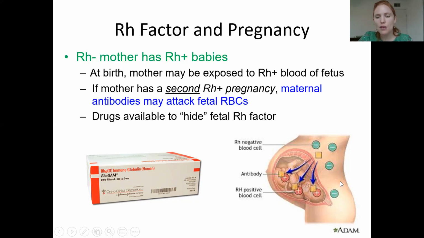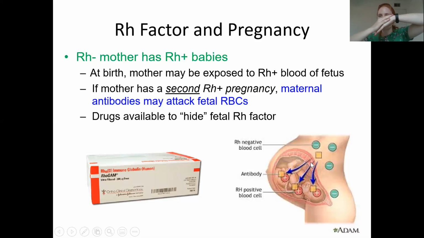But what can happen is, when the Rh negative mother gives birth to the Rh positive fetus, this placenta is going to be ripped off of the uterus wall, and it's like this really bloody, traumatic effect. The afterbirth, what comes out after the fetus comes out, that's the placenta.